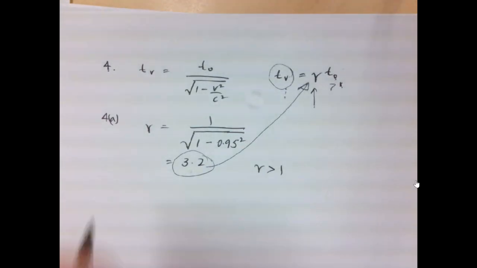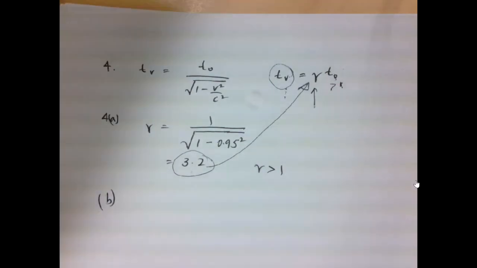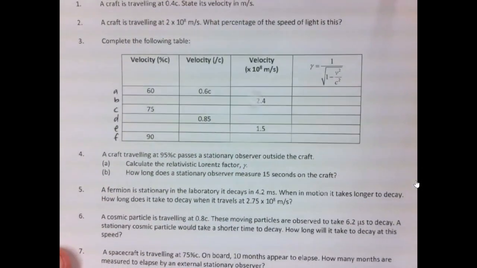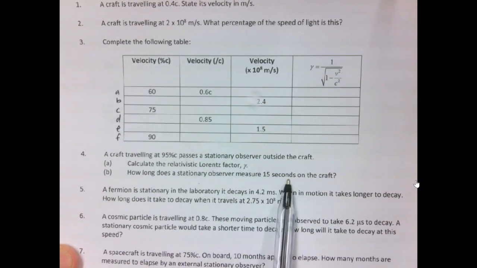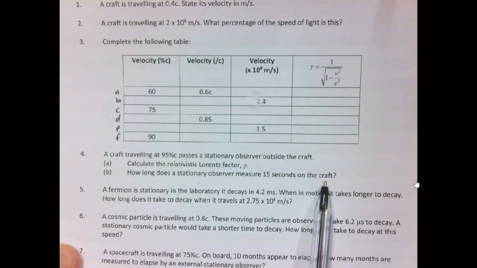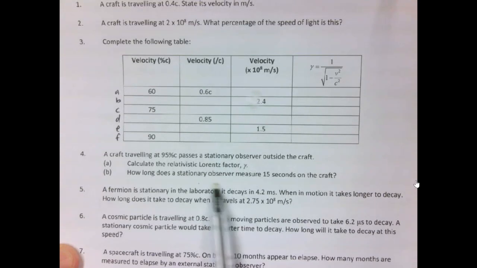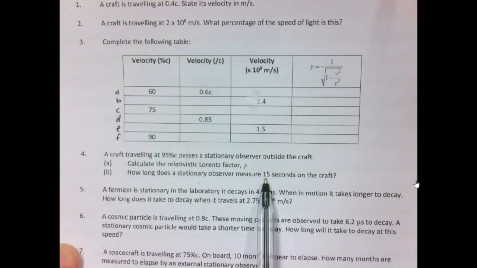So part B, we have a look at the question. Part B says, how long does a stationary observer measure 15 seconds on the craft? Okay, so the stationary observer is looking at a clock, and their clock on the craft will see 15 seconds tick over, but because they're moving, that will take a longer time.